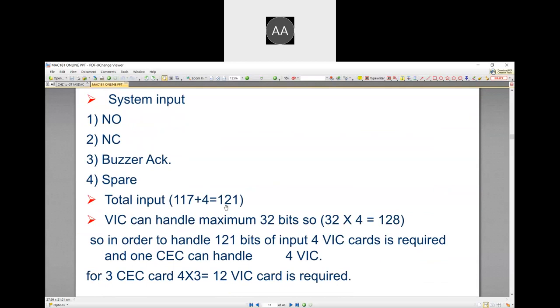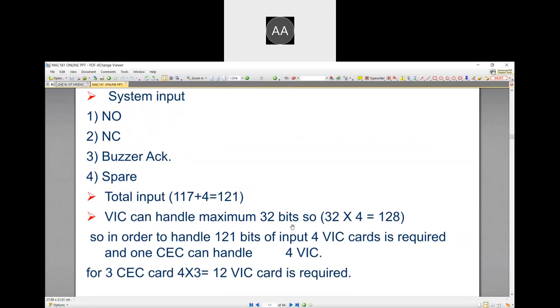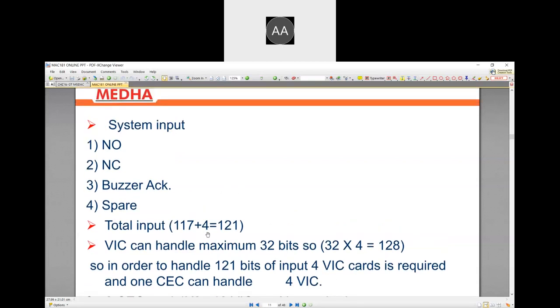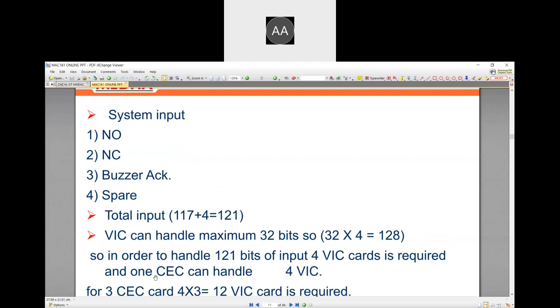The vital input card capacity is 32 bits maximum, and our number of inputs from the field is 121. So we need 4 vital input cards in order to get the maximum information from the field. Likewise, for a single processor card, 4 vital input cards will be required.